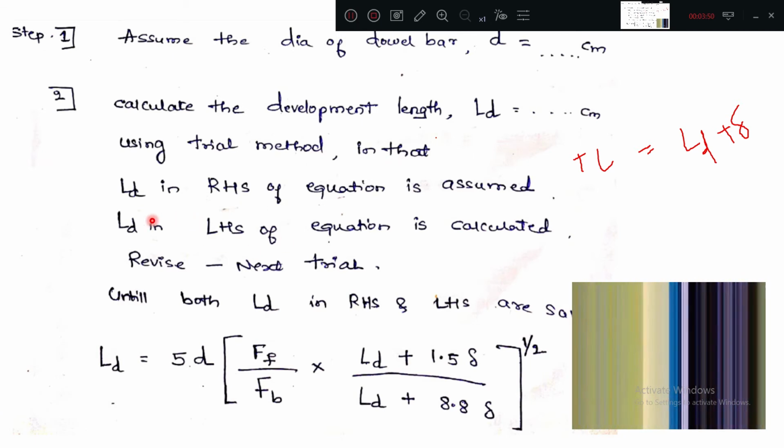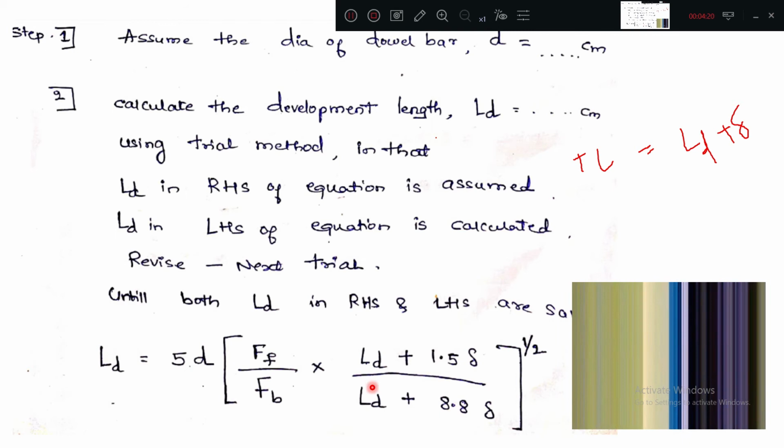There is one big equation, already derived. In this also there is LD on the LHS, and LD on the RHS also. The LD in the RHS is assumed: in the first step you assume LD as 40, 45 or 42 centimeter, like that.